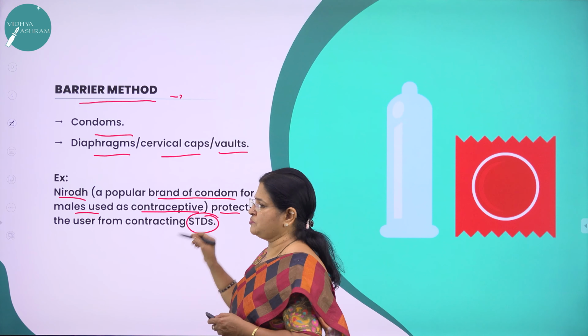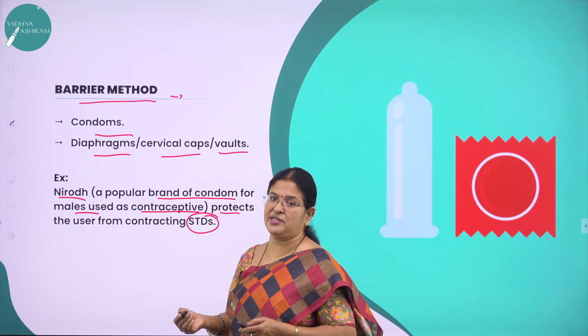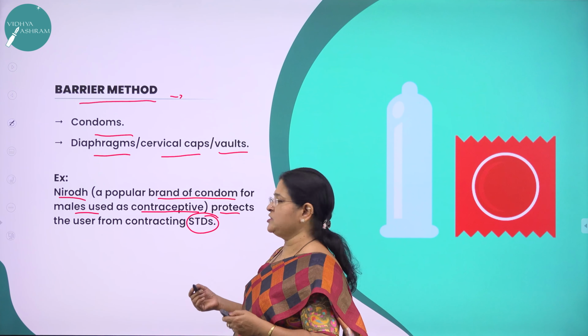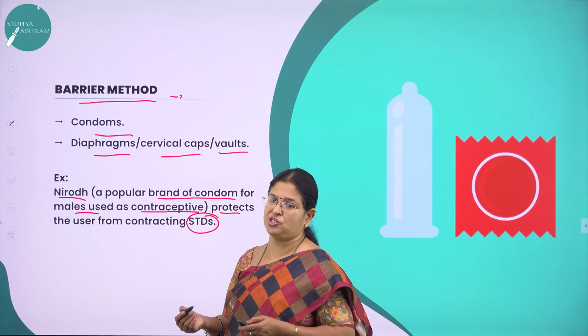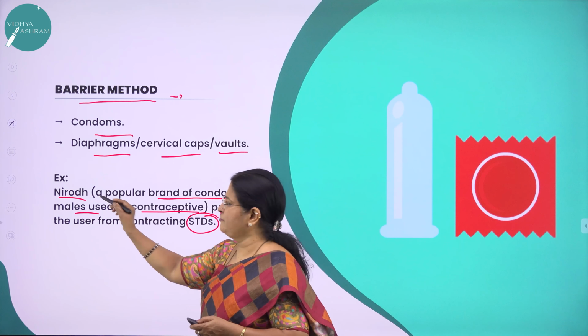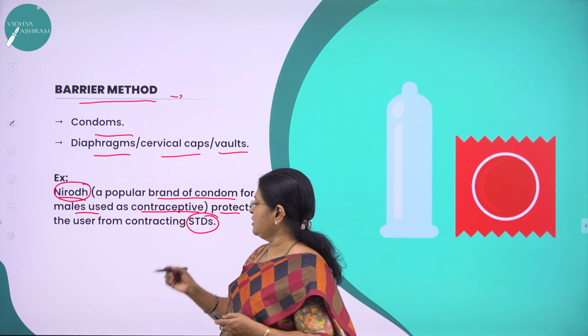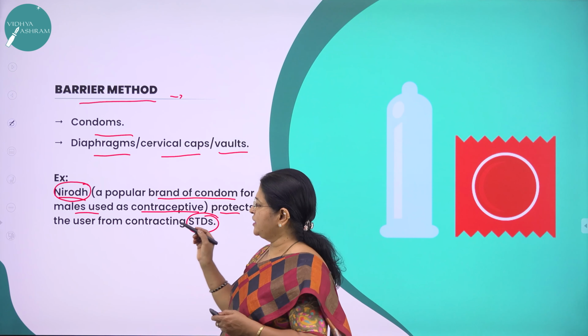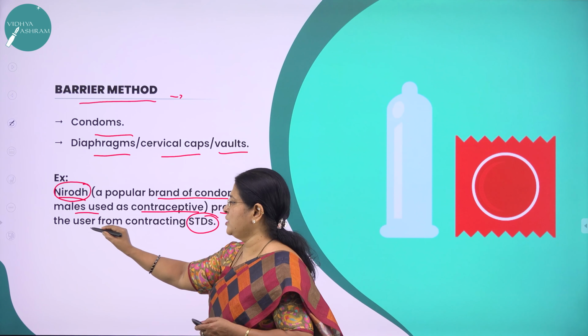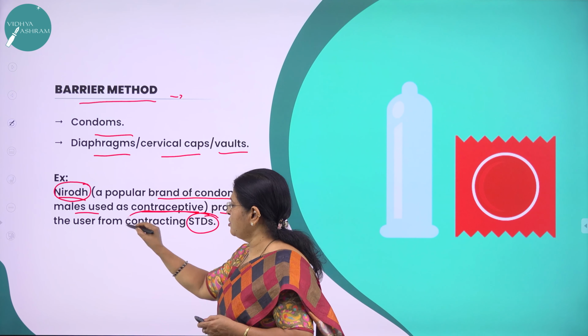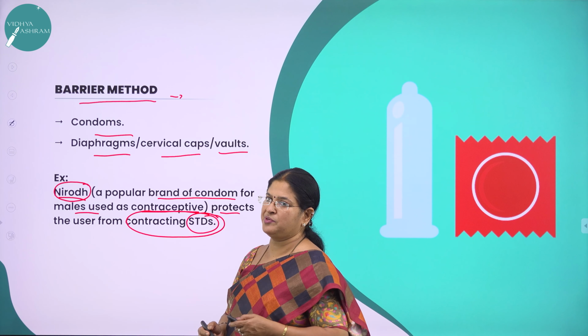What are sexually transmitted diseases? Sexually transmitted diseases are the diseases which spread or transmit through sexual intercourse. So if a male uses this condom called Nirodh, definitely he can avoid conception as well as contracting sexually transmitted diseases.